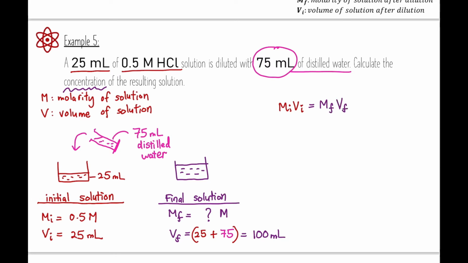By substituting all the values given in the question, 0.5 molar for the initial concentration and 25 milliliters for initial volume, we can calculate the final molarity of the new solution. The final volume of the new solution is 100 milliliters.